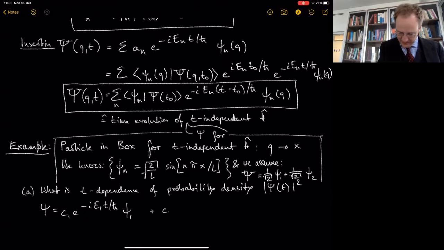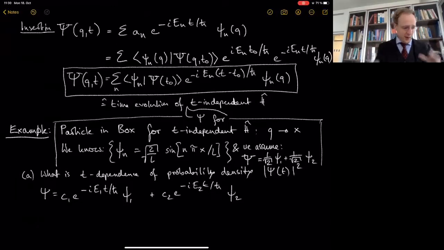And then we have the second part, which is C2 e to the minus i E2 t over h bar psi 2. Okay. And now we insert our formula. This comes from the projection, right? And we now put in what we have for the eigenfunctions.